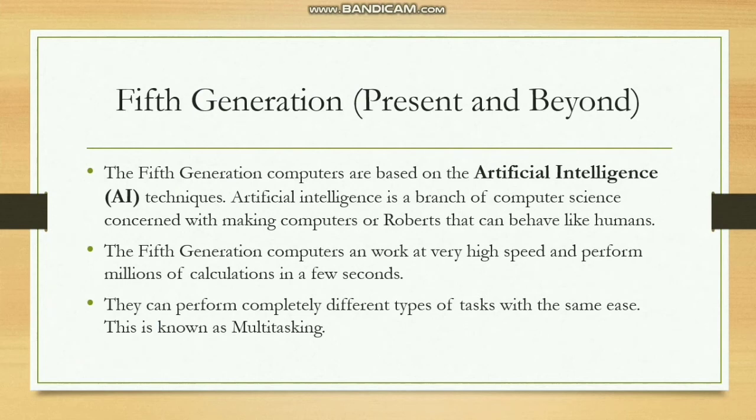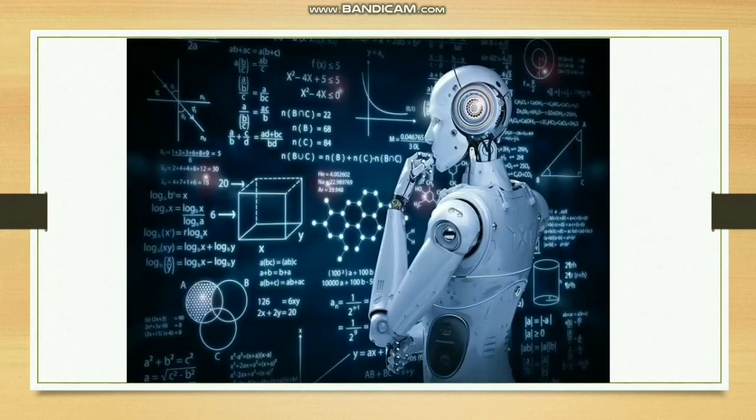The artificial intelligence is a branch of computer science concerned with making computers or robots that can behave like human beings. Look at the picture. The artificial intelligence technology which is embedded in the computers or robots are able to think and solve the problems on the board.